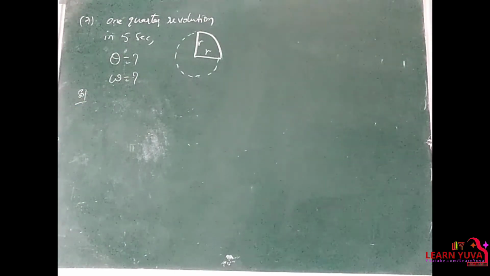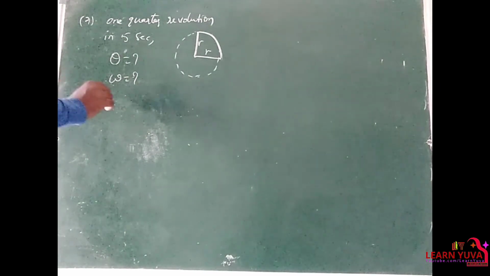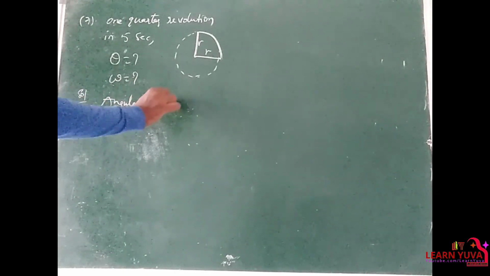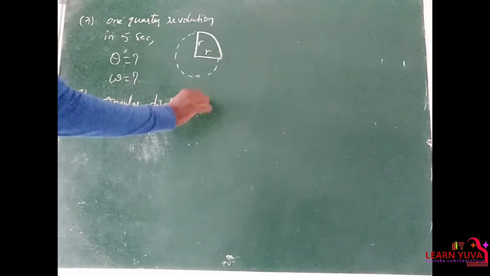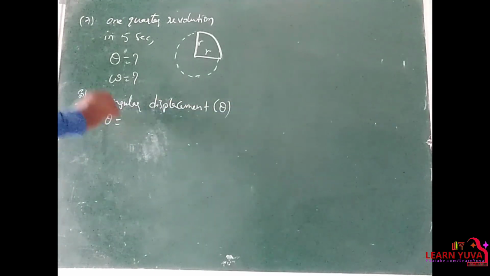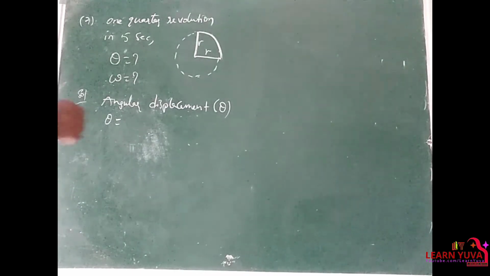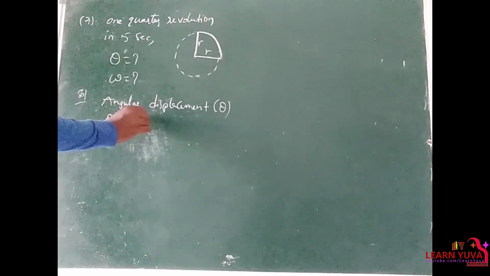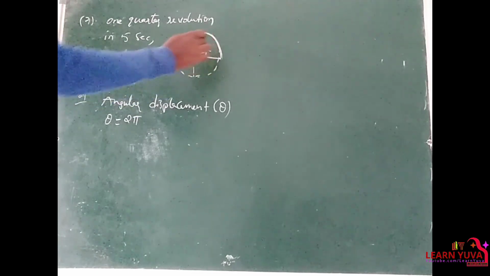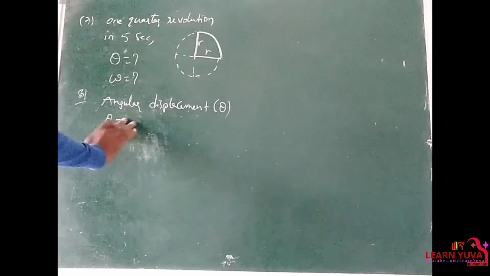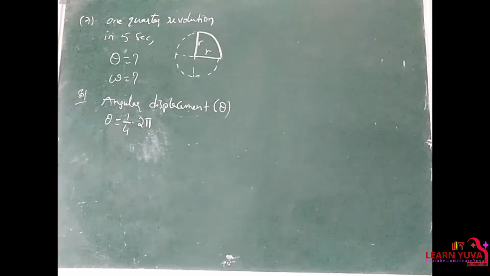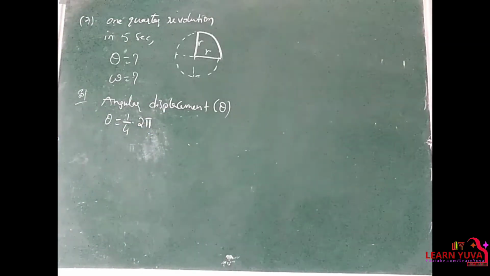So angular displacement formula, theta. So theta is equal to 2 pi by total. It is 4 parts, so it completes only one part. So 1 by 4 into 2 pi. Clear?